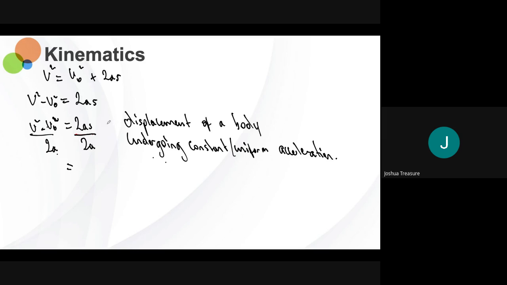Therefore, we divide both sides by 2A to solve for S. Just for flexibility, in case a question asks you to determine the displacement of a body undergoing constant acceleration, then you would be able to transpose. All right. Good.